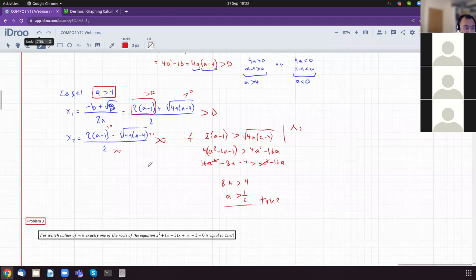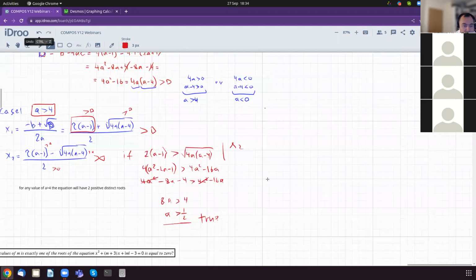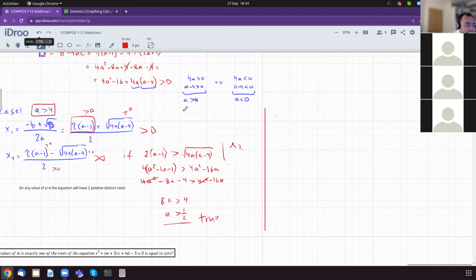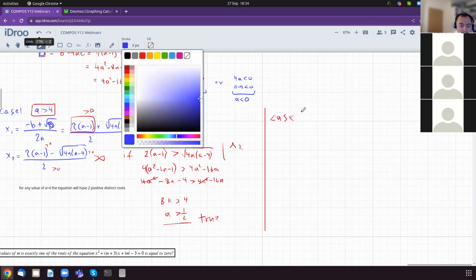So for any value of a greater than 4, the equation will have 2 positive distinct roots. And now case 2.